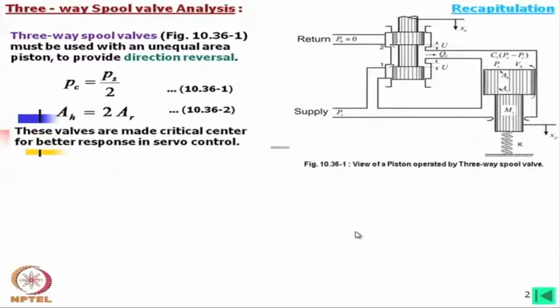Now, these valves are again made critical center for better response in a servo valve. Now, you see this, what is a critical center valve? Critical center valve means this is just critically lapped. That means the width of this groove and the length of this spool land are ideally equal.